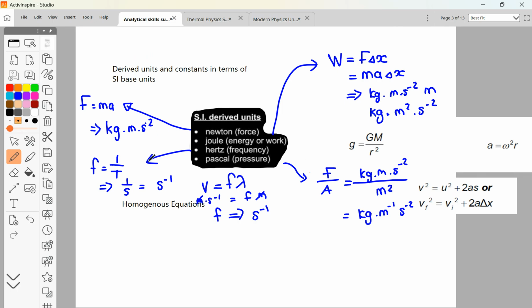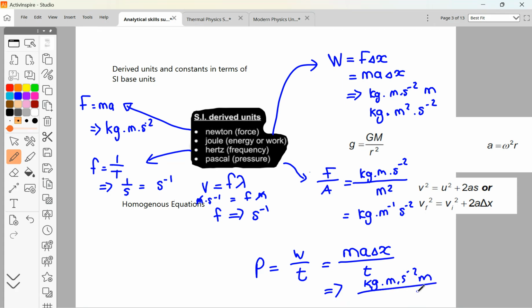Remember, we're not using it, but if you look at luminosity, the power one, I'm just going to do it here in case. So power is the work over time. So if you look at that, that's going to be F again, which is m a delta x, which we've done now, and then over the time. And if you put that into units, you'll see that the base units for luminosity is actually going to be kilograms, we've got the meters per second squared there, then we've got meters, then we've got seconds at the bottom.